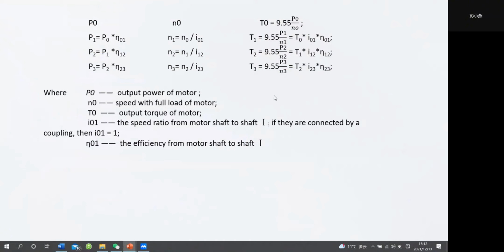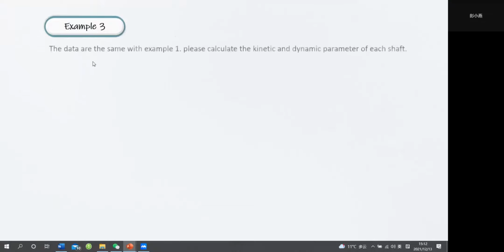So it's difficult to understand, so we look at the example. The data are the same as example 1, and please calculate the kinematic and dynamic parameters of each shaft.